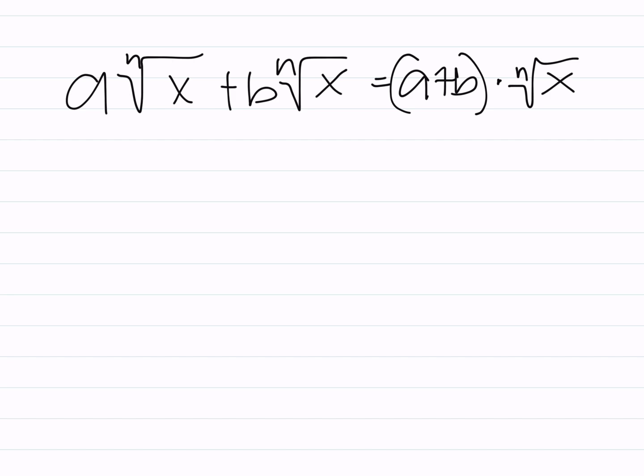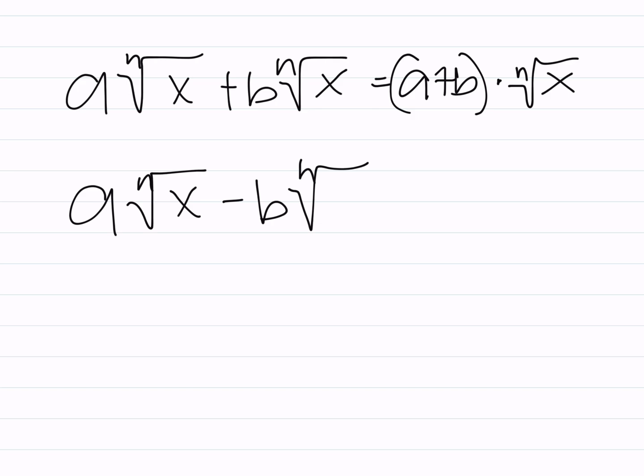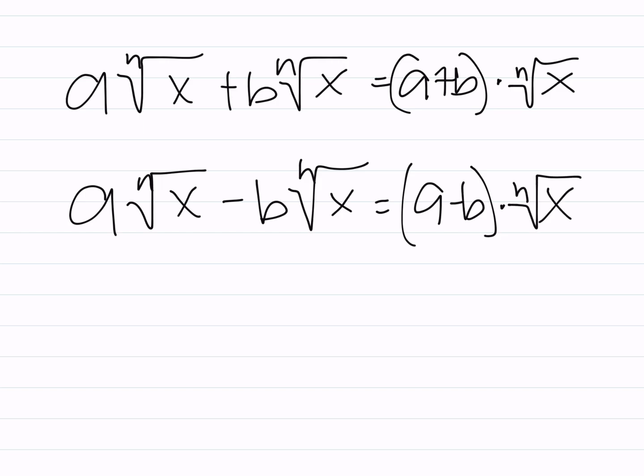And also the same in subtraction. So a times the nth root of x, minus b times the nth root of x, is equal to a minus b times the nth root of x.